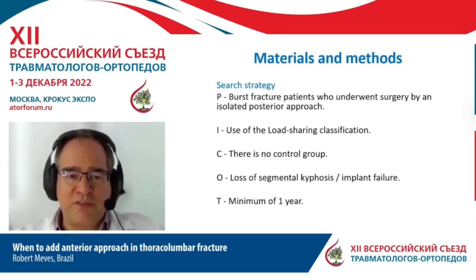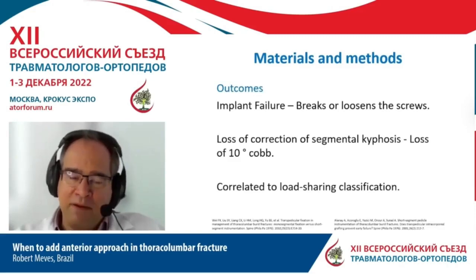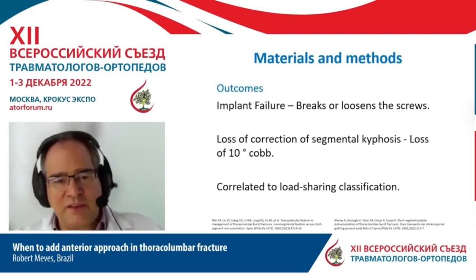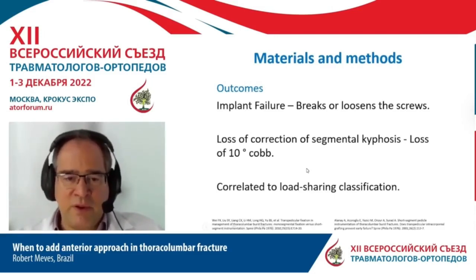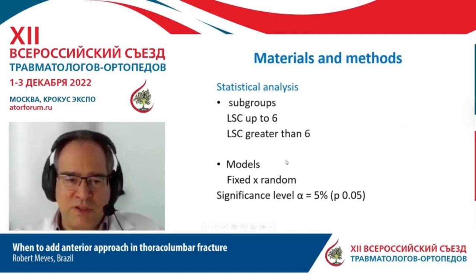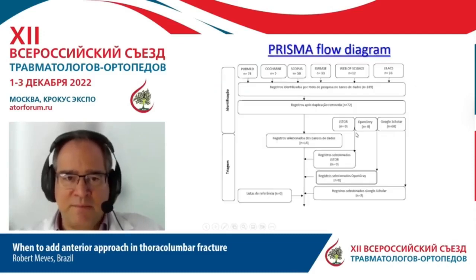We used the load sharing classification to observe, at 1 year, implant failure with breakage or loosening of the screws, and loss of correction of segmental kyphosis, a loss of 10 degrees of curve, and we correlated this with the classification. We split into 2 big groups, less than 6 and more than 6 points. And we used random and fixed effects models with 5% of clinical relevance.